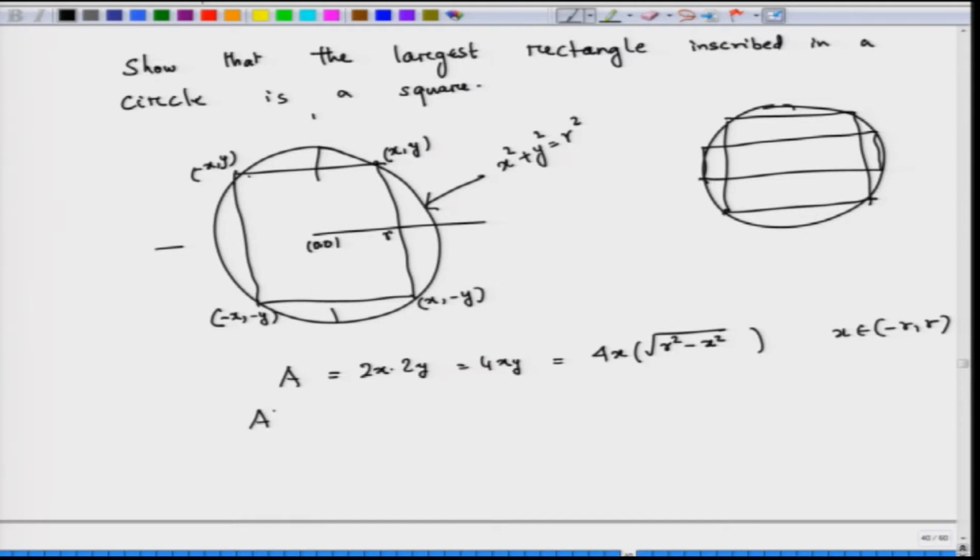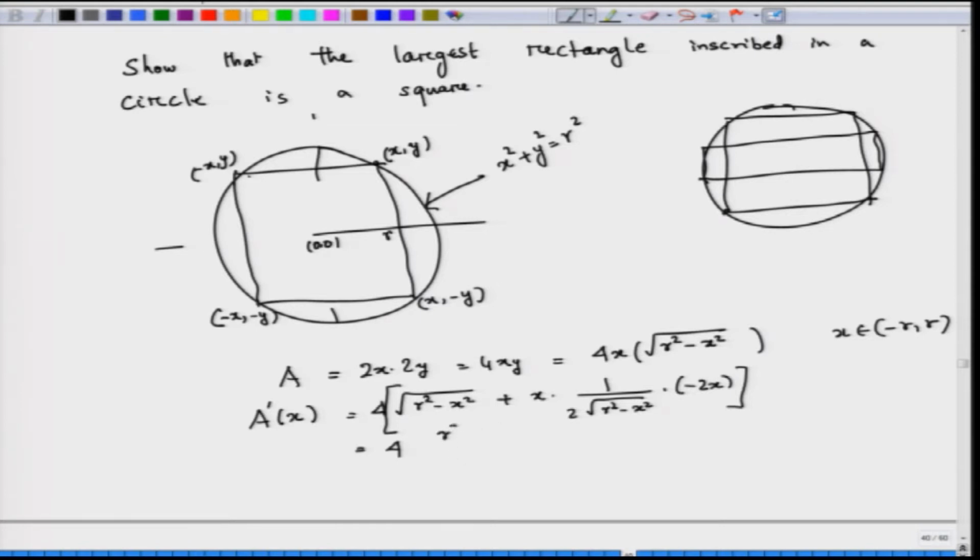This is definitely a differentiable function of x. So, let us compute A prime. This is equal to 4 times square root of r square minus x square plus 4, I will take it outside, x into 1 by 2 square root of r square minus x square into minus 2x. So, by simplifying, the 2 gets cancelled.